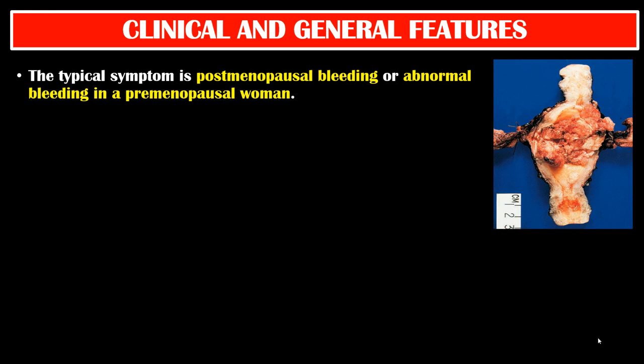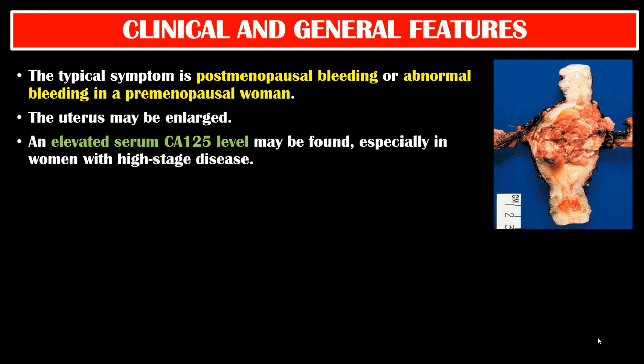Clinical and general features. The typical symptom is postmenopausal bleeding or abnormal bleeding in a premenopausal woman. The uterus may be enlarged. An elevated serum CA 125 level may be found, especially in women with high stage disease.